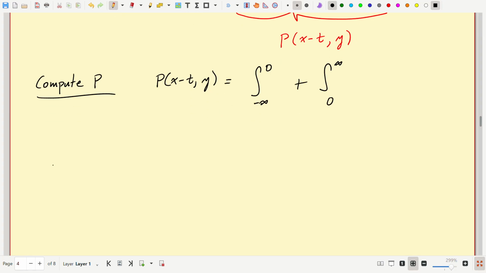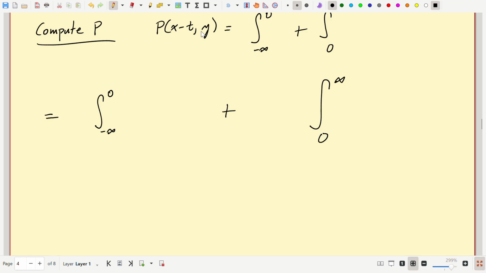So this integral is where s is positive. We're integrating ds.